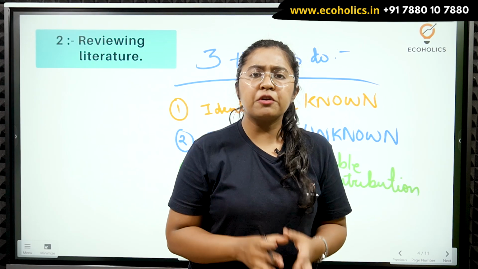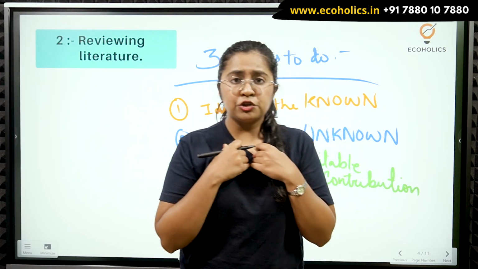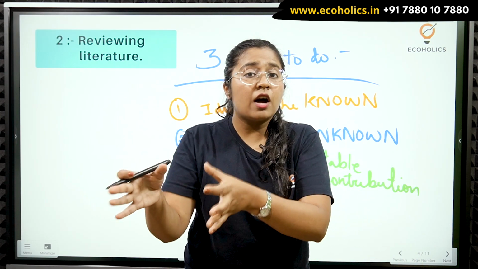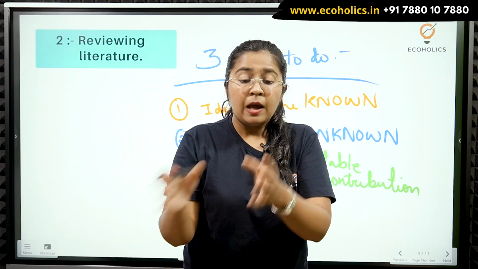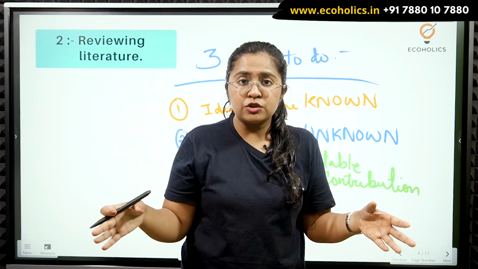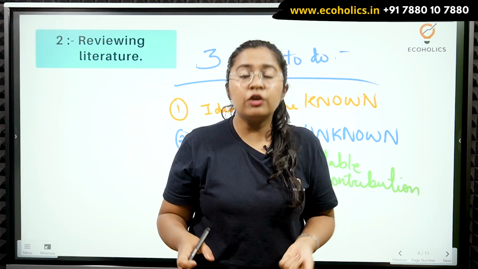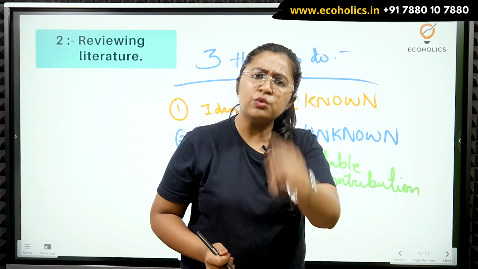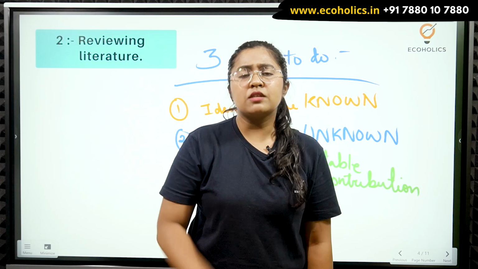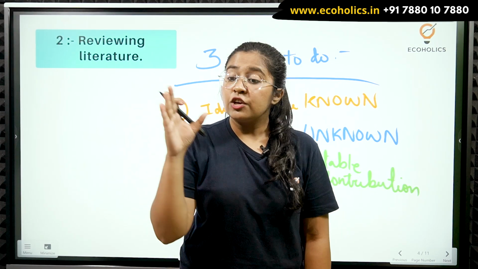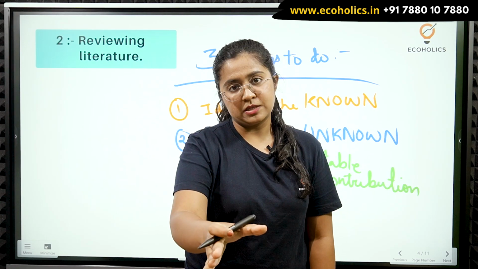What does suitable contribution mean? As a researcher, you know what is known already to you and what was unknown to you up until now. By knowing both of these different consequences and propositions in your research, you will also have to analyze what contribution you are going to make in that research. What will be your opinion, your insight, your contribution towards that research?